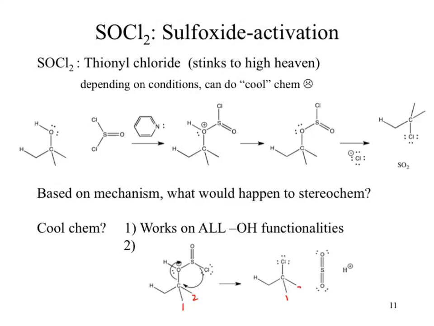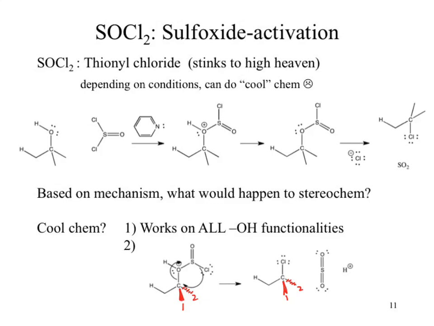There's 1, here's 2. Make that wedged. Stayed the same. Have we seen a mechanism where our stereocenter stays the same? We don't see it for SN2. We don't see it for SN1. It's technically a new type of substitution reaction.